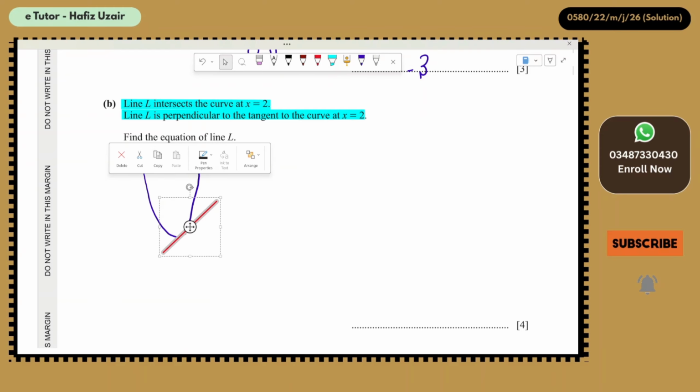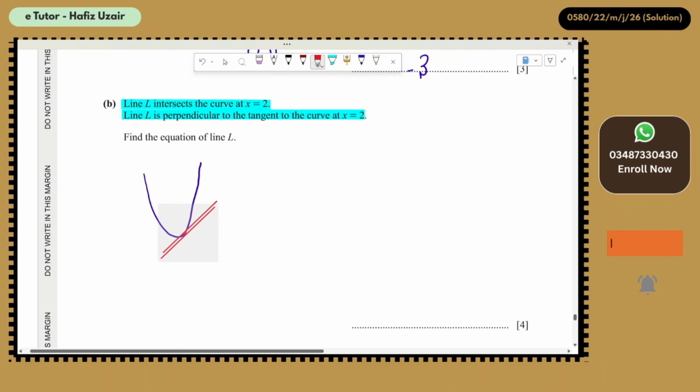Line L is perpendicular to the tangent to the curve. So here is line L. This line L is perpendicular to the tangent to the curve at x equals 2.